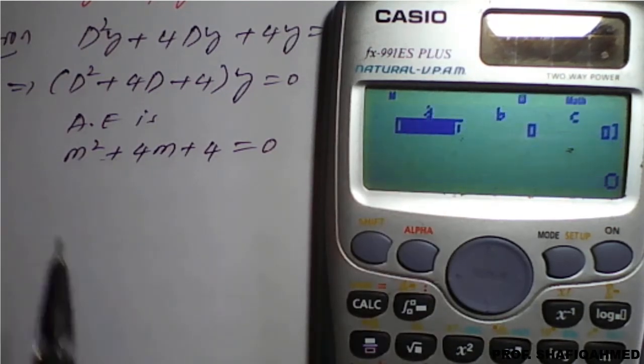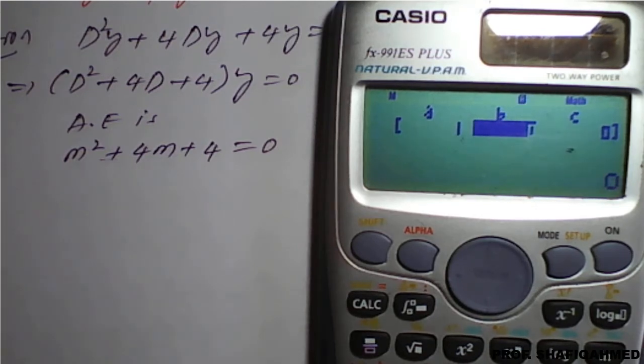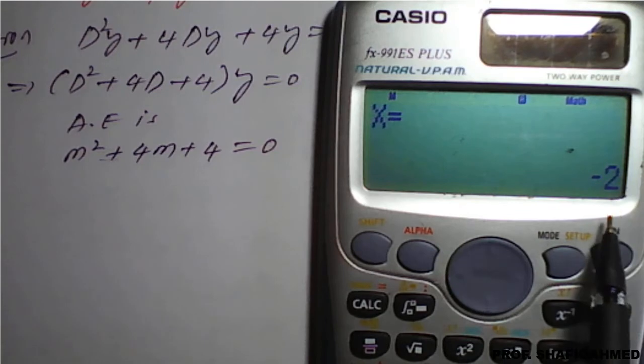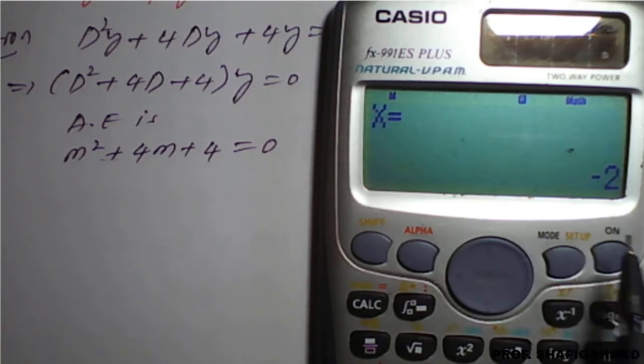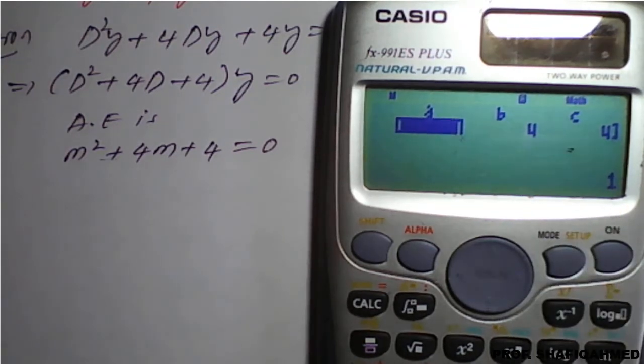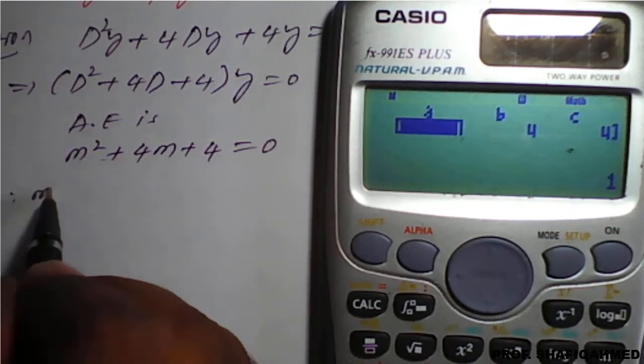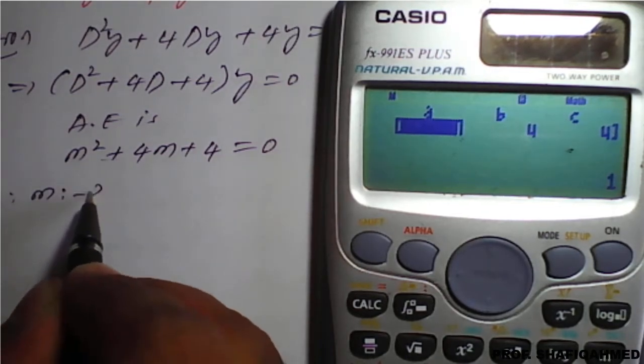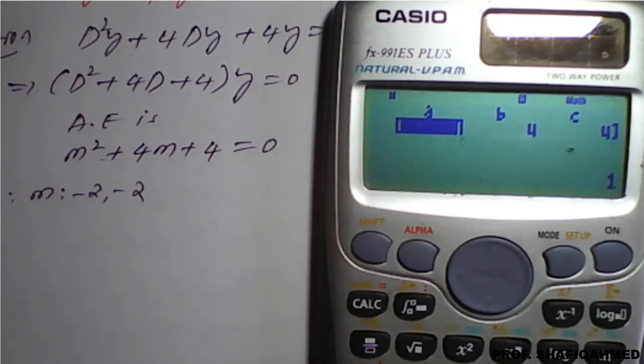The coefficient of m² is 1, the coefficient of m is 4, and the constant is 4. You can see that the root is -2, and we are not getting any other root, which means the root is repeated. Therefore m = -2 and -2. These are the two roots here.